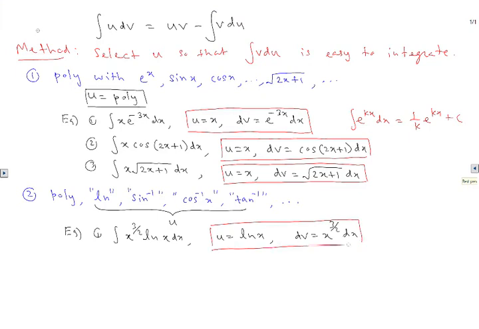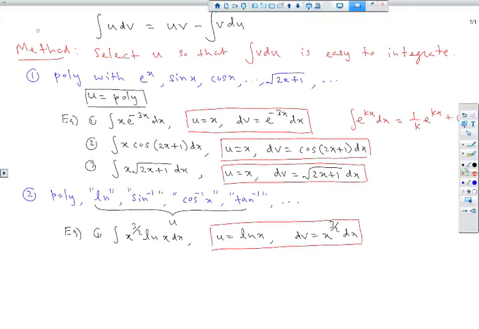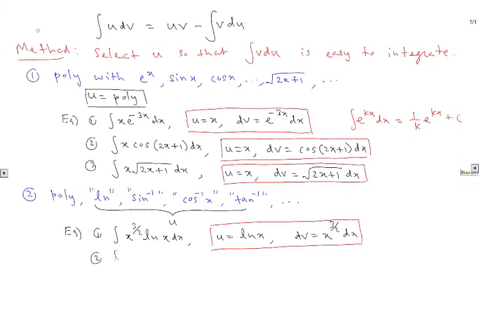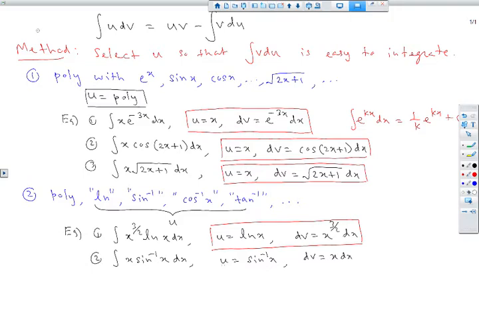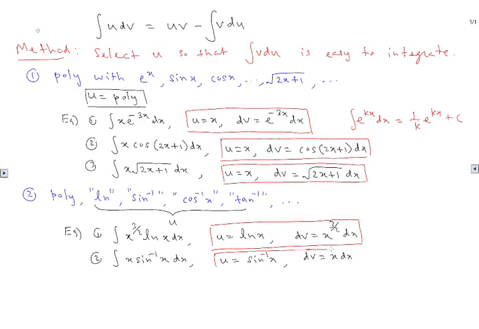How about this one, x sine inverse x dx. In this case we're going to select u as the inverse trig function, sine inverse x, and then dv is x dx. So that's the second class.